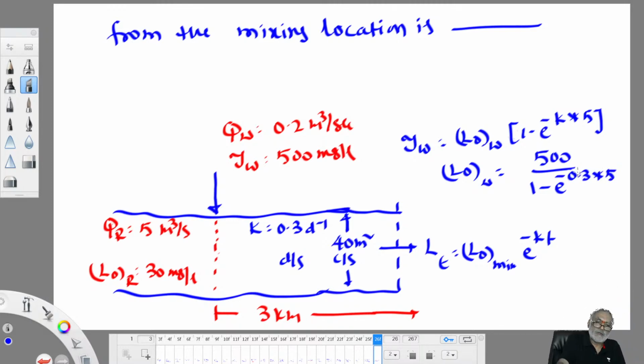So I'll get L naught W. Then I can find L naught mix, like the last question. Understood now? So a small twist you put there compared to the last question we have solved.